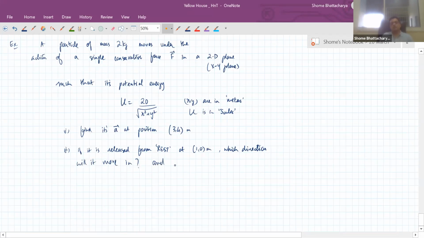And find its speed after traveling a distance of 3 meters. Okay, so just try out this question, people.